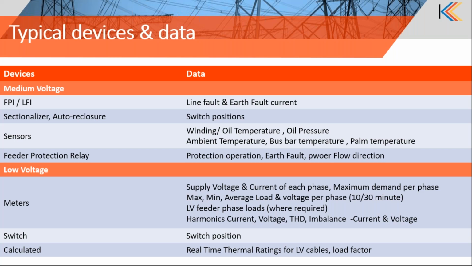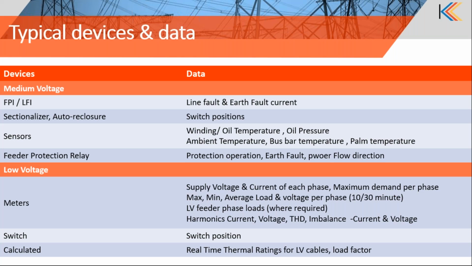On the low voltage side, data needs to be taken from meters, especially power quality meters, to monitor the supply voltage and current of each phase, maximum demand, load, LV feeder phase loads, harmonic currents, voltages, total harmonic distortions, imbalances, etc., if any.